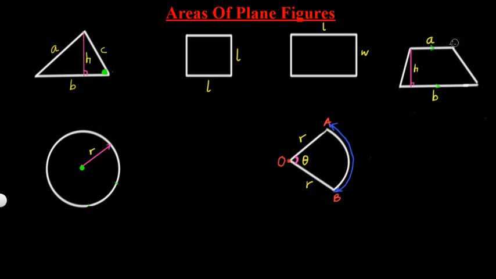The total space occupied by your book on your table is the area of your book. And this we can say of plane figures: area is the total space occupied by a plane figure.